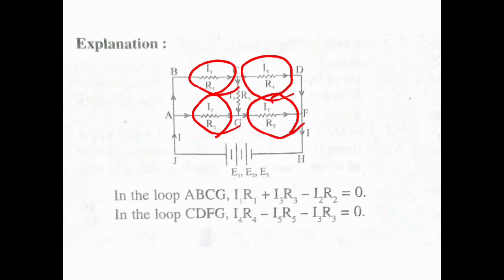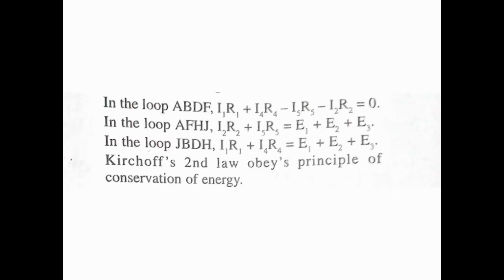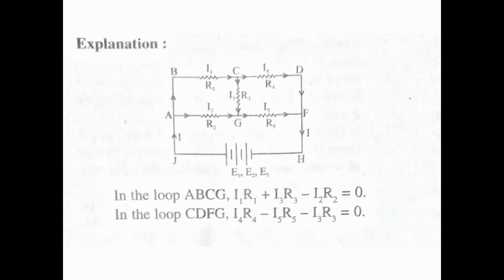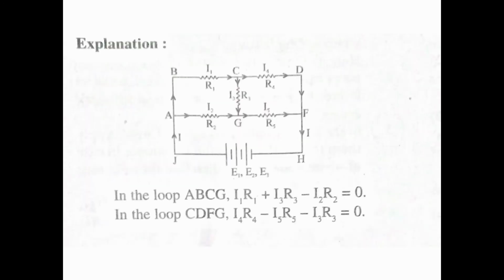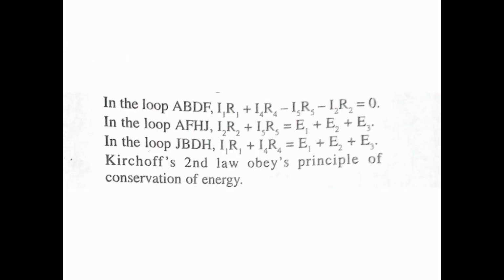Again see another loop. What is the loop? A F H J, A F H J in this. Okay. What is given? I2 R2 plus I5 R5 is equal to E1 plus E2 plus E3.